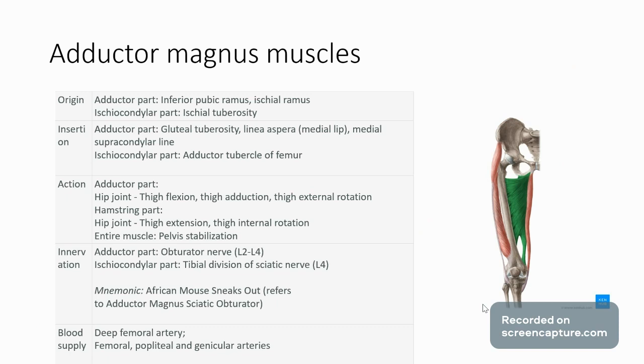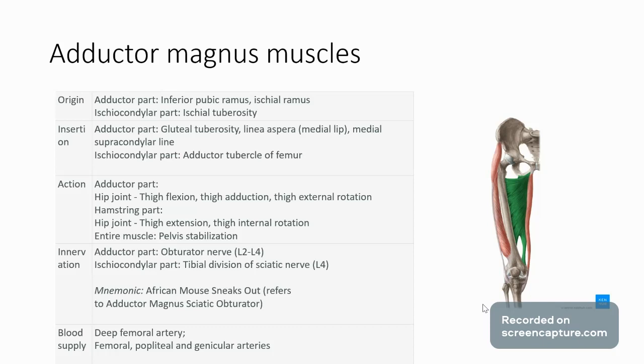Its action is adduction of the hip joint, thigh flexion, thigh adduction, and thigh external rotation in the adductor part. In the hamstring part, it helps in thigh extension and thigh internal rotation, and the entire muscle helps in pelvis stabilization.